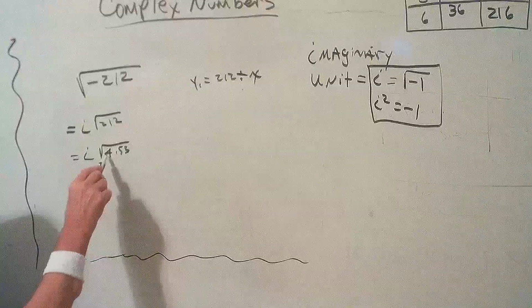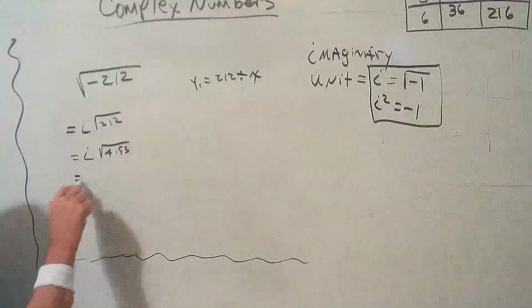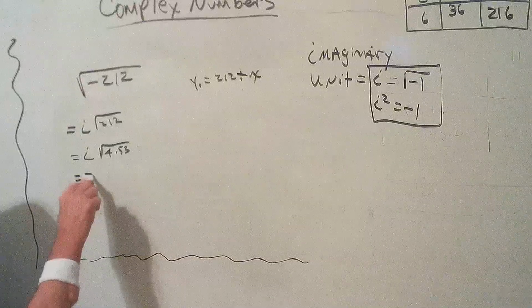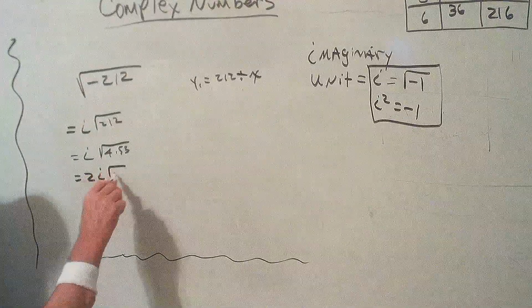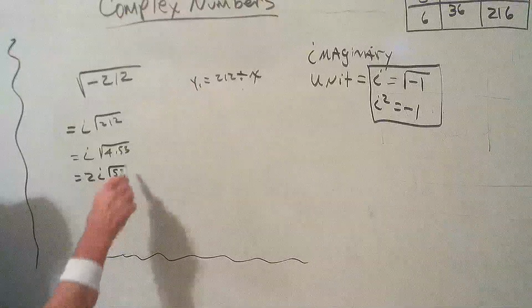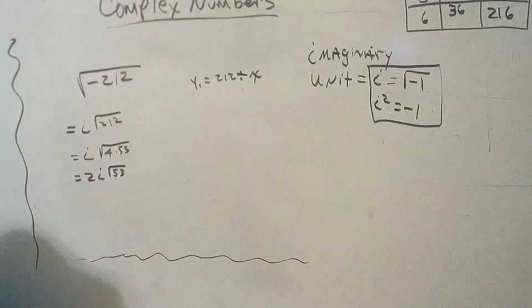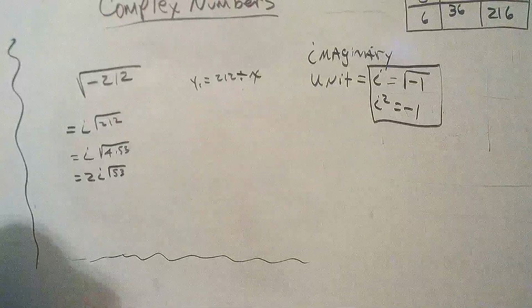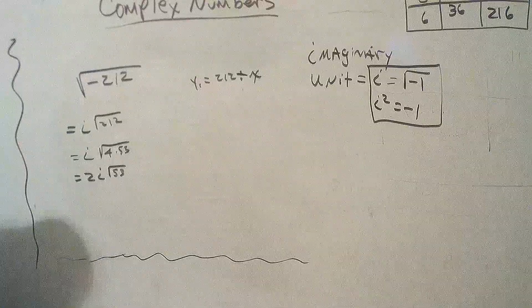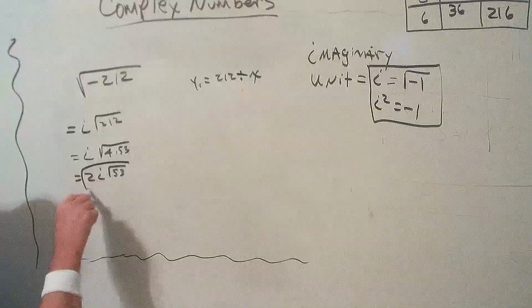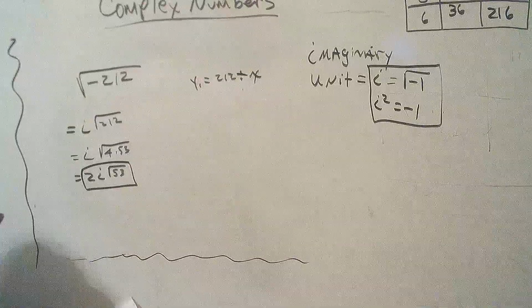Now we know the square root of 4 is 2, so we bring that out of the radical. And 53. Is there anything else we can do with the 53? No, it's a prime number. The only factors of 53 are 1 and 53. So this is our answer. Okay?